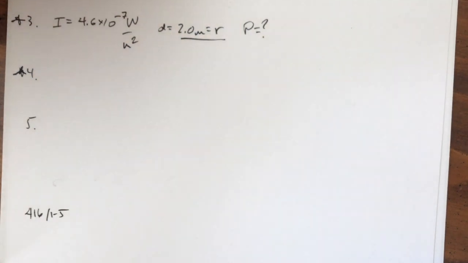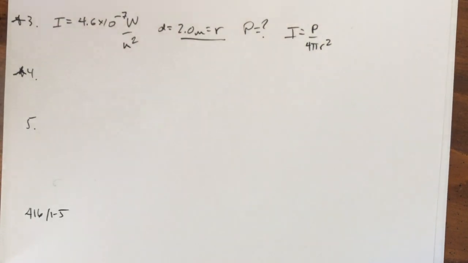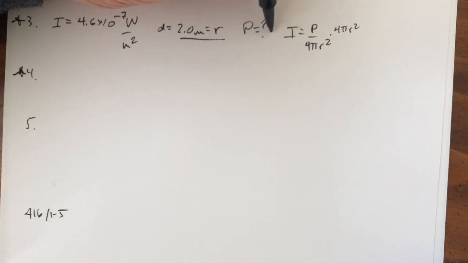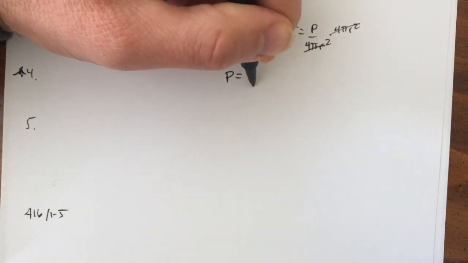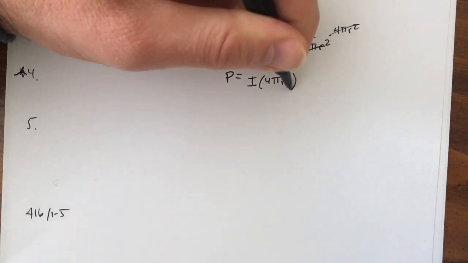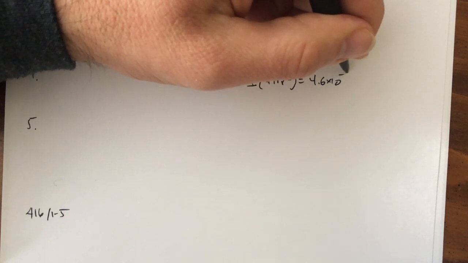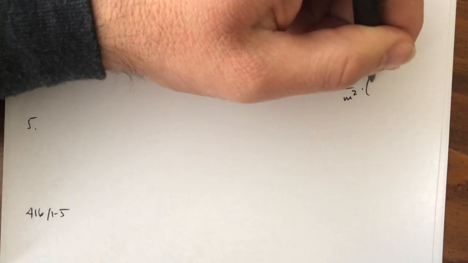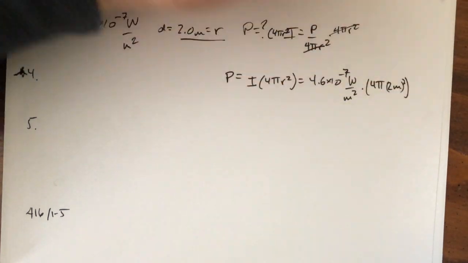And so for this one, I'm going to use the same equation, I equals P over 4 pi R squared, but we want P all by itself, so we're going to multiply both sides by 4 pi R squared. Let me rewrite that here. P equals I times 4 pi R squared. And then we'll just substitute the numbers in. So 4.6 times 10 to the minus 7th watts per meter squared times 4 pi times 2 squared.